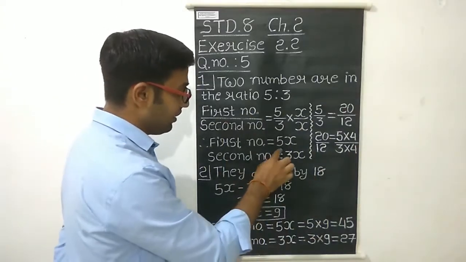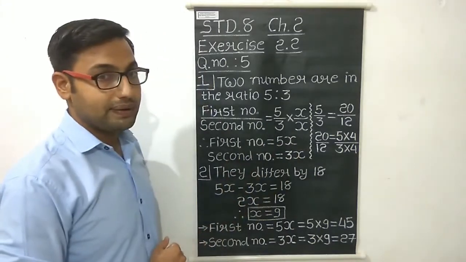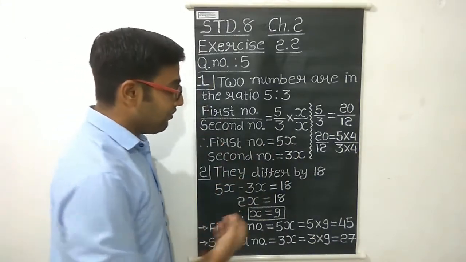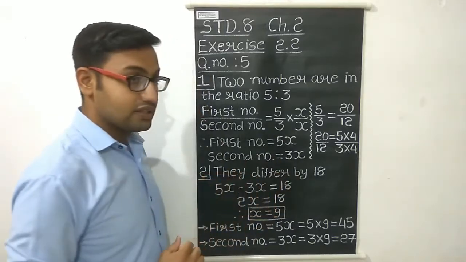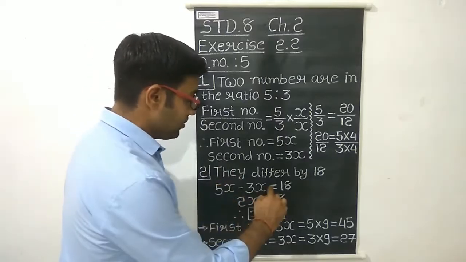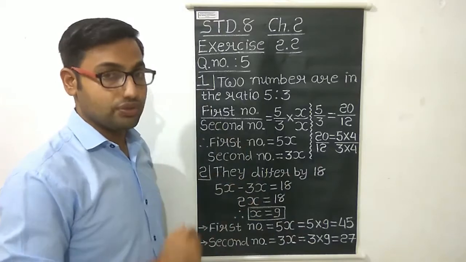Now here we can notice that 5x is the greater number and 3x is the smaller number, right? We have to think logically about why we take 5x minus 3x and why we do not take 3x minus 5x: because the difference of both the numbers is given as 18 and 18 is positive.